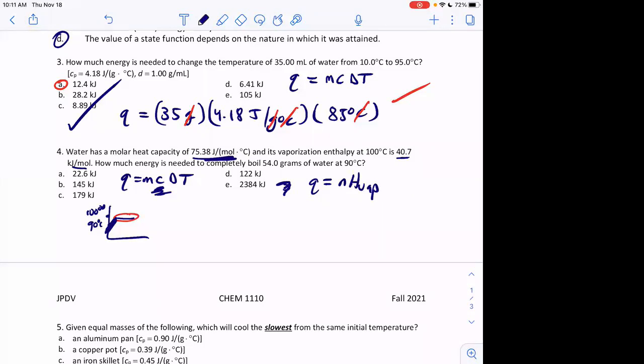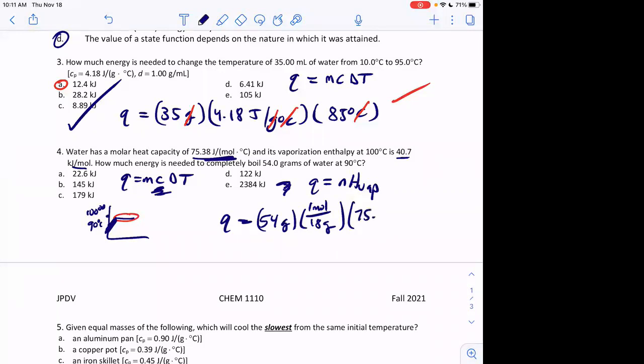Okay, so we have Q is equal to, what's my mass of water? 54 grams times the C. Now the C's in moles, so we're going to have to do the 18 grams per mole, right? Got to use the molar mass of water to convert it. Then we can use our molar heat capacity because we don't have the specific capacity based on mass.